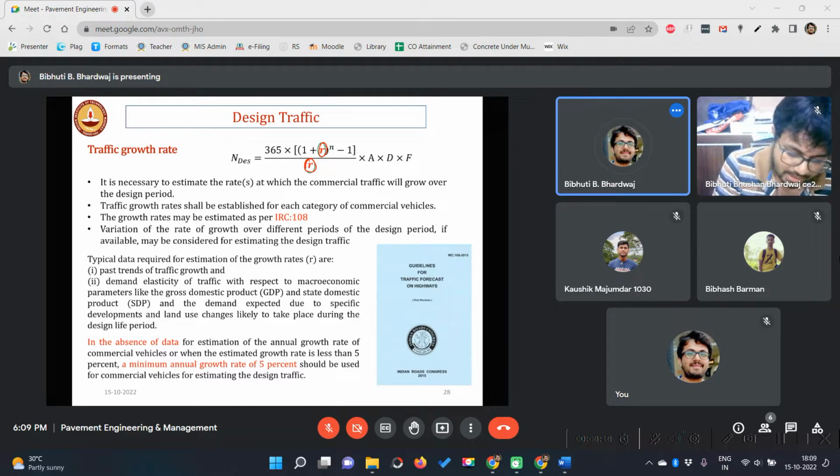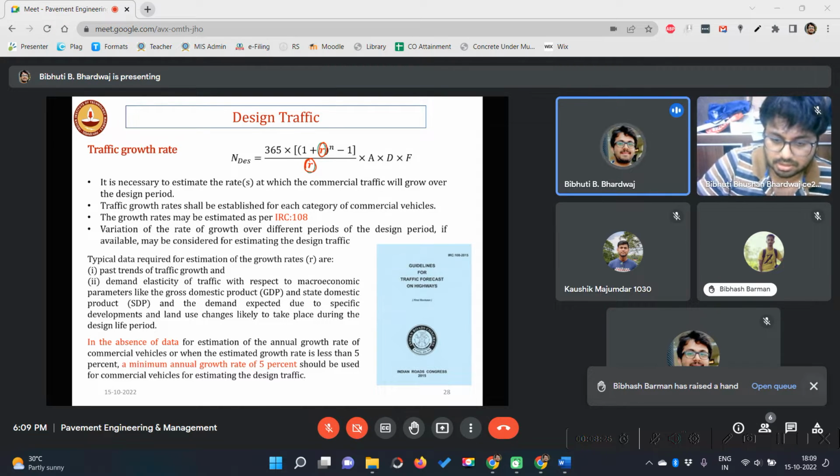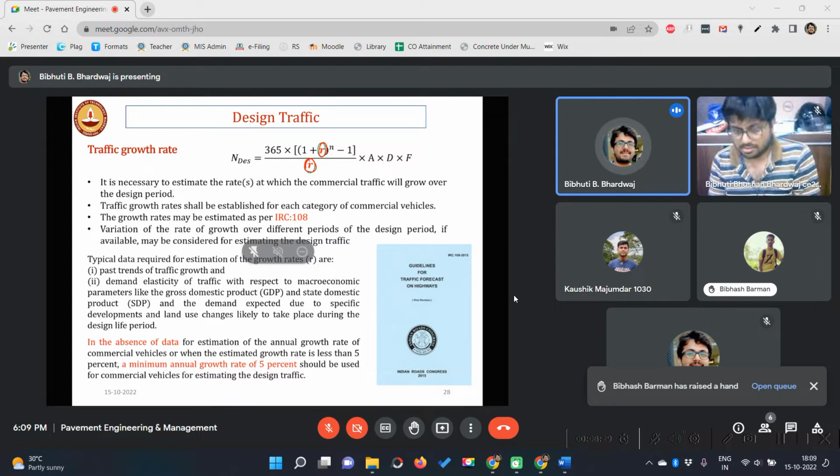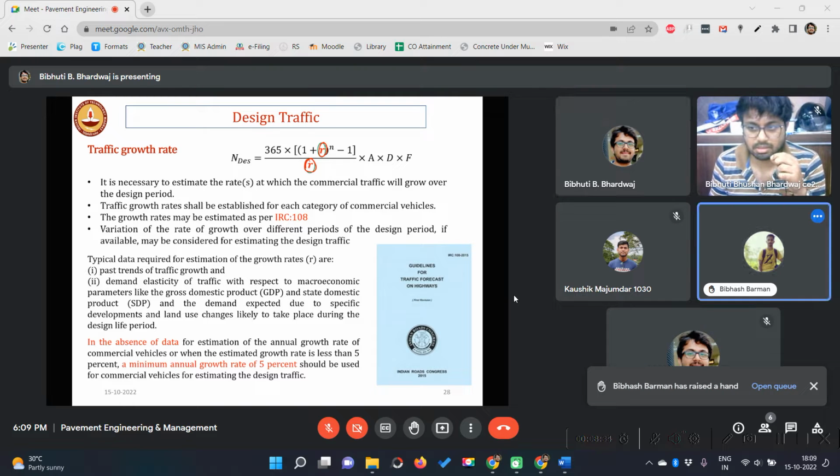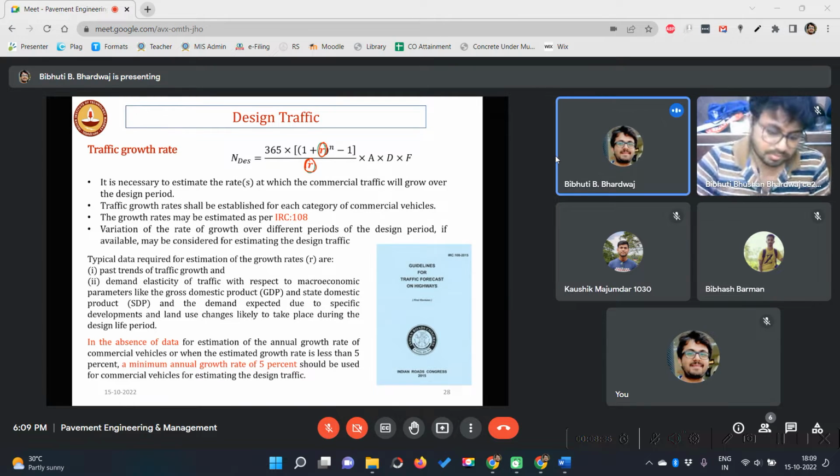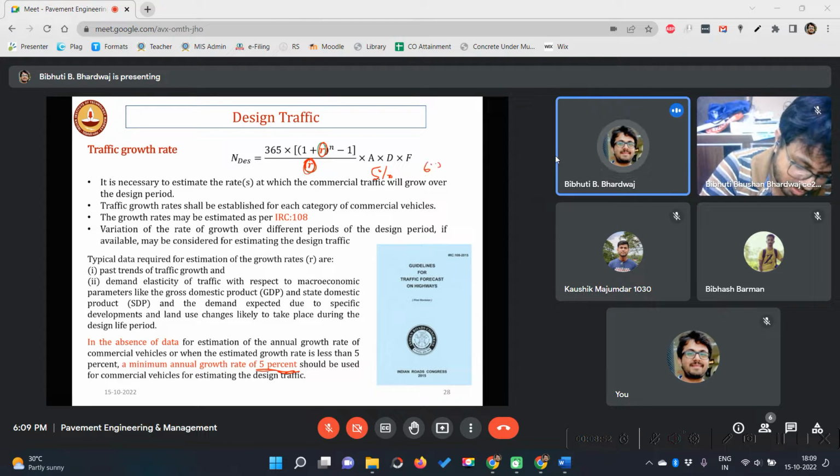In the absence of the actual R value, we can consider a minimum of... So in the absence of data for these R values, the minimum value considered should be 5%. But generally it is like 6.5, sometimes even as high as 7.5%.